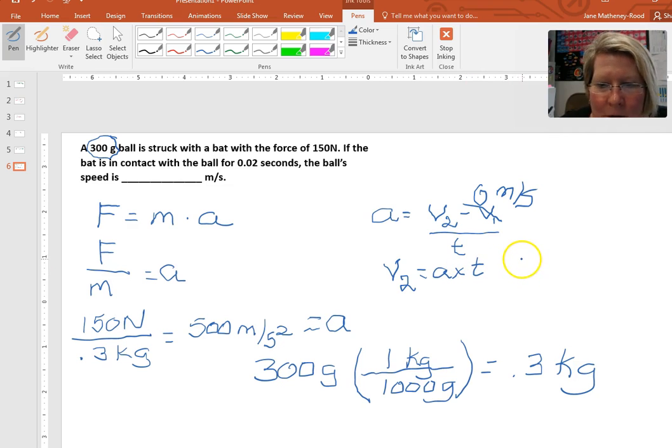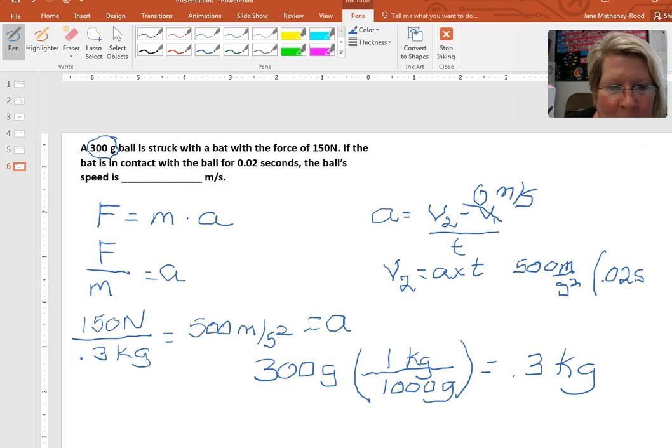Our acceleration was determined to be 500 meters per second squared, and our time is 0.02 seconds. That comes from up here in the word problem. So our final answer for our final speed, v2, is 10 meters per second.